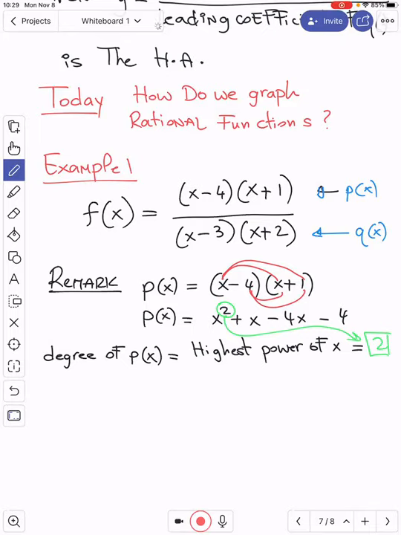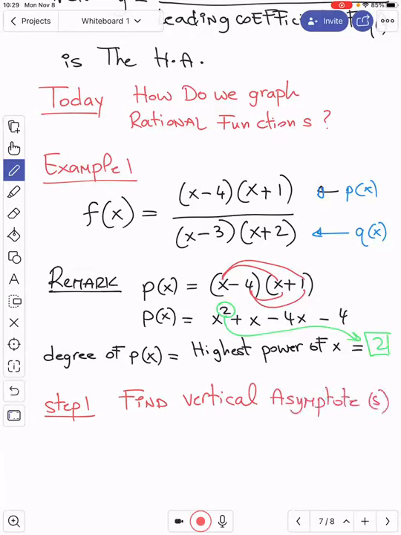All right. Now, how do you graph this function f? Step 1 is to find the vertical asymptote. That's actually why I wrote Q as a product of factors.